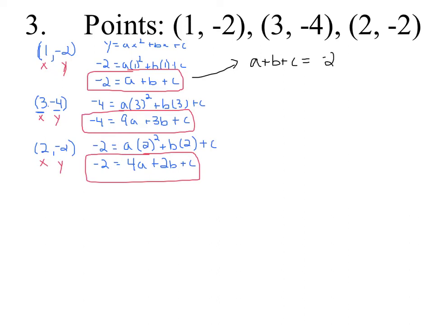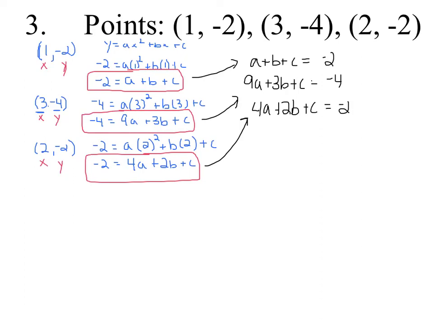And then my second equation, just switch it around: 9a plus 3b plus c equals negative 4. In my third equation, 4a plus 2b plus c, and that equals negative 2.